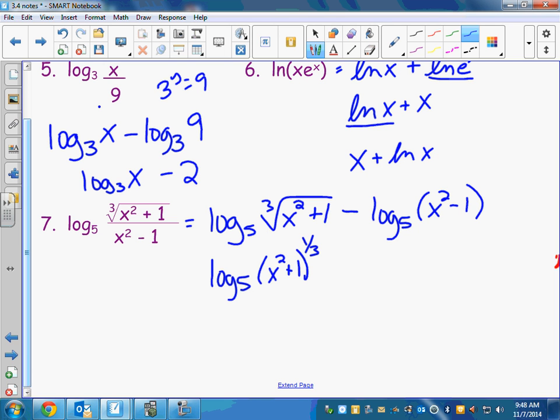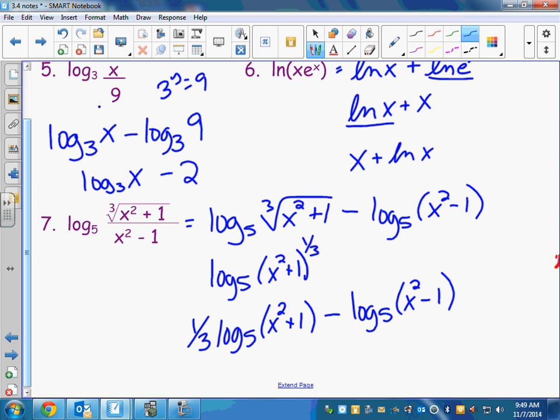So the best answer here would be 1/3 log base 5 of x squared plus 1 minus log base 5 of x squared minus 1. You cannot pull out this exponent because the whole thing's not the exponent. It's just the x. You can only take out an exponent when the whole thing is raised to the power.